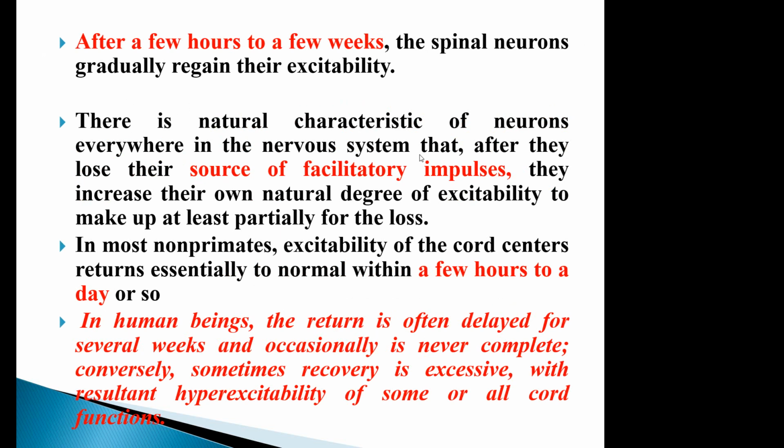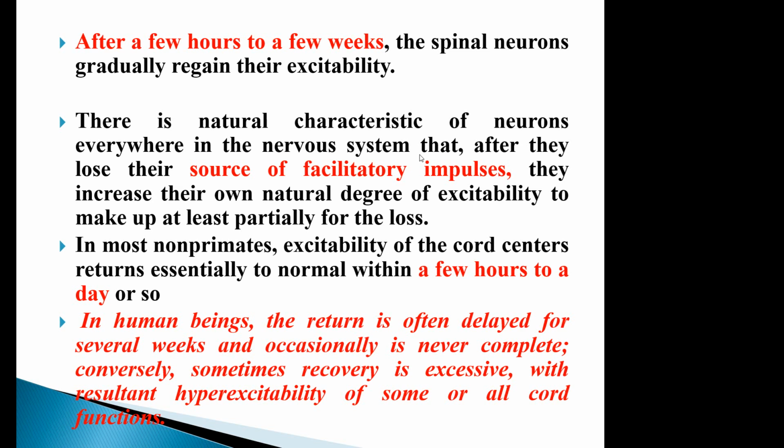After a few hours to a few weeks, the spinal neurons gradually regain their excitability. It is a natural characteristic of neurons everywhere in the nervous system that after they lose their source of facilitatory impulses, they increase their own natural degree of excitability to make up at least partially for the loss.